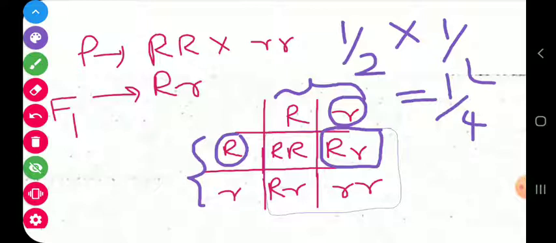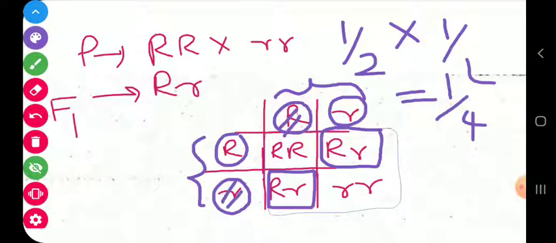In the same way, getting capital R and small r, when you get small r from your mother and capital R from your father, is also 1/4. Calculate and see. Same thing, also 1/4. So these are two different events, right?